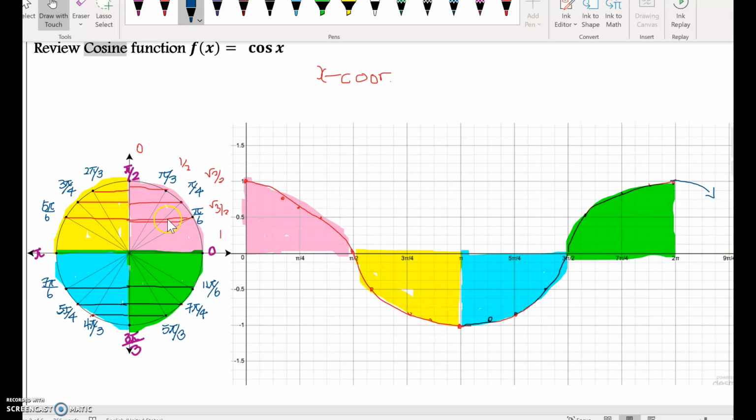Notice that the cosine function is positive in the first and the fourth quadrants because those are the x coordinates. The first and fourth quadrants are above the x-axis, and the second and the third, in yellow and blue, are below the x-axis. So that is the cosine curve from 0 to 2 pi. We just drew one cycle.